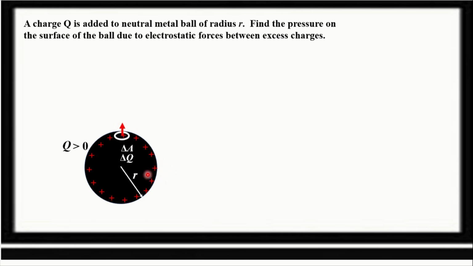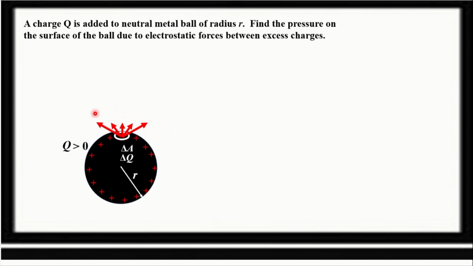Then if we select the charges on the sides of the ball, they generate larger forces which point in these directions. The charges close to this area create forces of greater magnitude, and these forces have such directions.